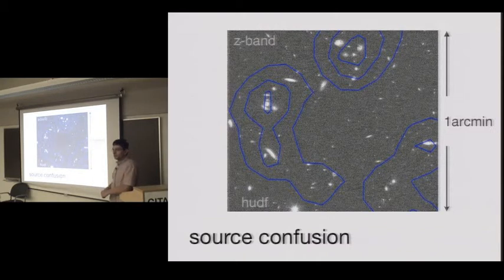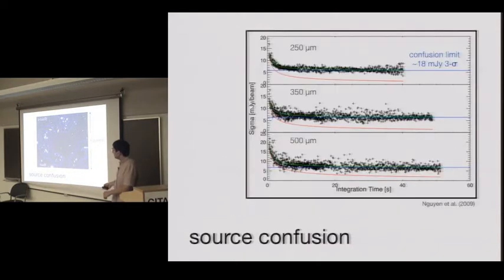And I think it's fair to say that there are many sources contributing to this. It's not necessarily true. It might be that one of these things is dominating all of the flux in that submillimeter. It's hard to tell. This is what we call source confusion, but there are other ways that you can show it. This is the noise in the map versus the integration time.